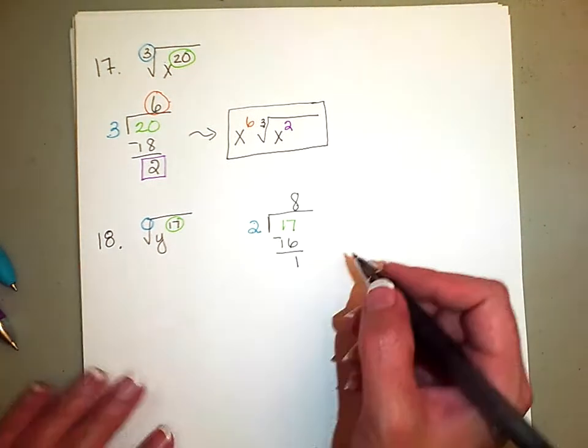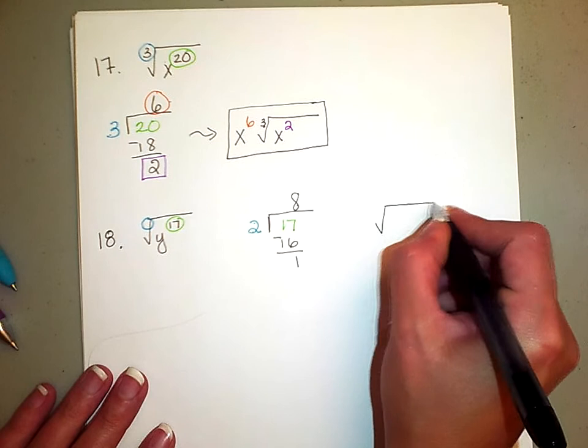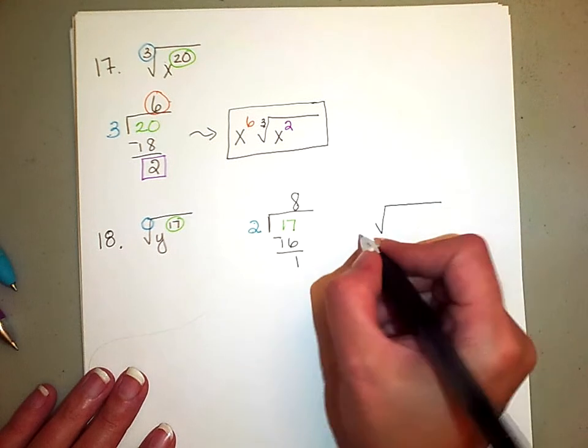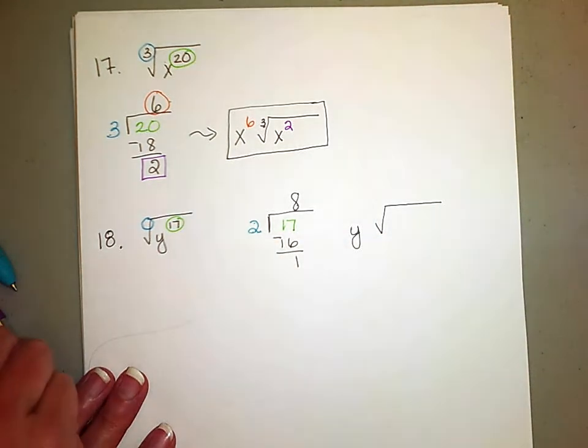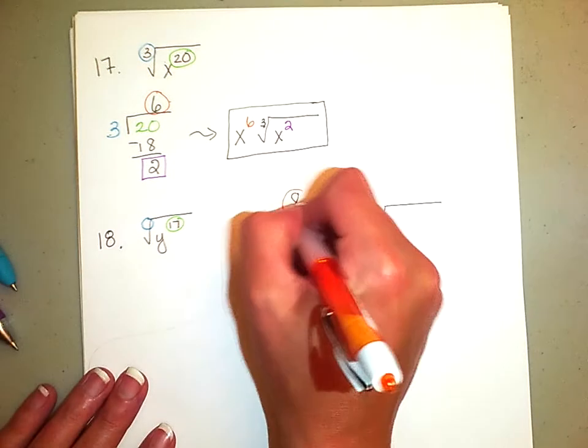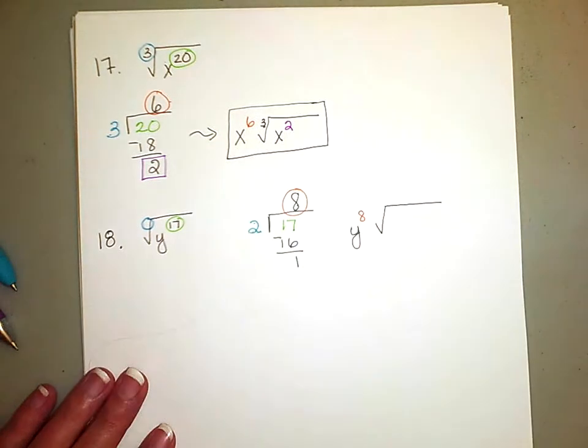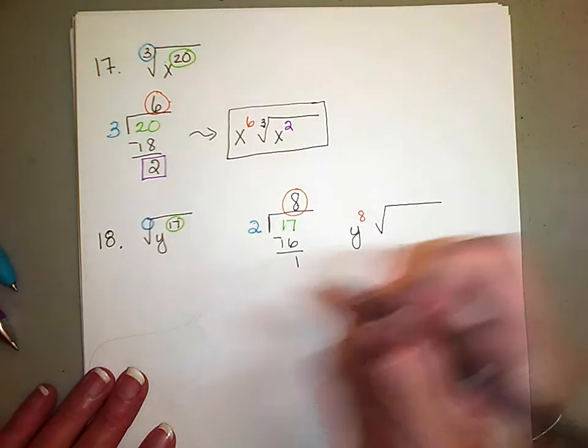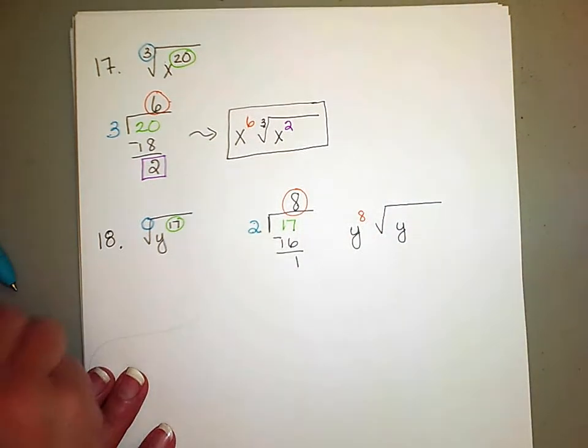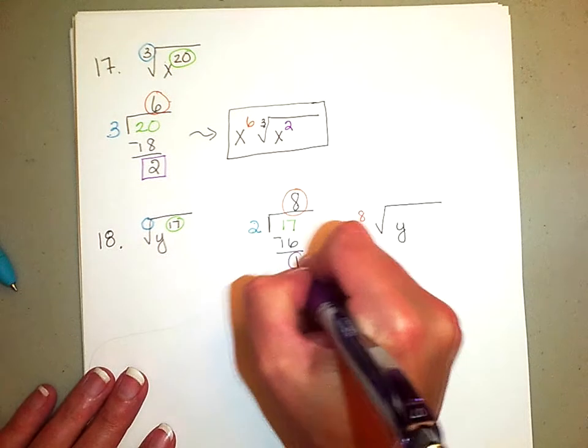So from here, we can write then that this will be the square root. I had 8 complete y's come out, and I have a single y left over from this remainder.